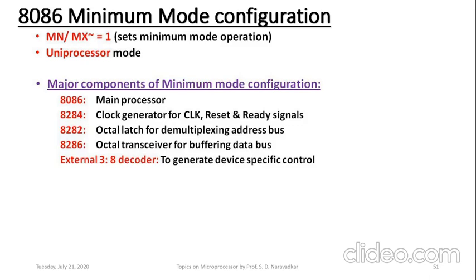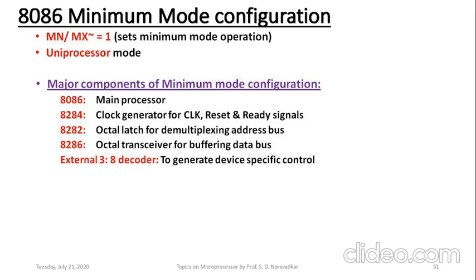And then the last component which has been stated here is an external 3 to 8 decoder like 74138 to generate device specific control signals. These device specific control signals are applicable to memory operation and also IO operation. So these are the major components which are required here. Processor will be at the central place.